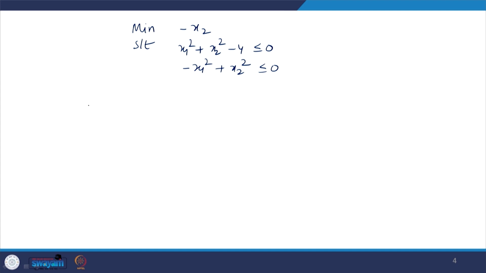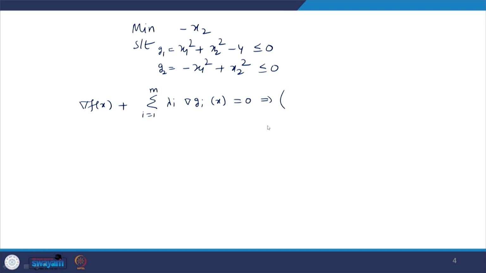The first condition is gradient of f(x) plus summation lambda i, i from 1 to m, gradient of g i(x) should be 0. This is g1, this is g2. So, gradient of how many variables? 2 variables.